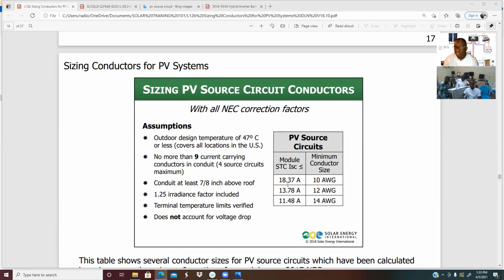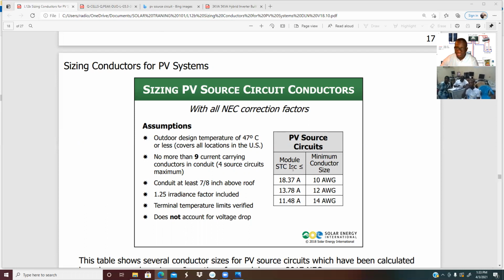Yeah. So the largest STC rating, because this is a greater or less than sign. It's not what it's saying here. Greater or less than. I see. Okay.